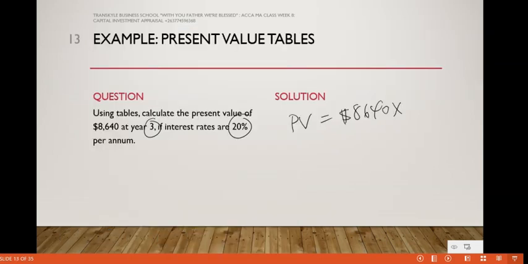So we then multiply by 0.579. Let's try to see if we can come to 5,000. 0.579 multiplied by 8,640, and we have come to 5,000.